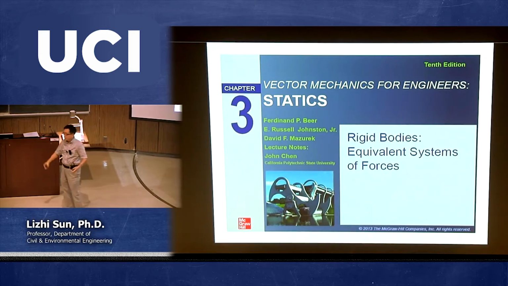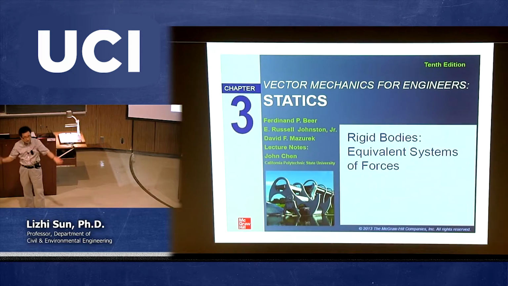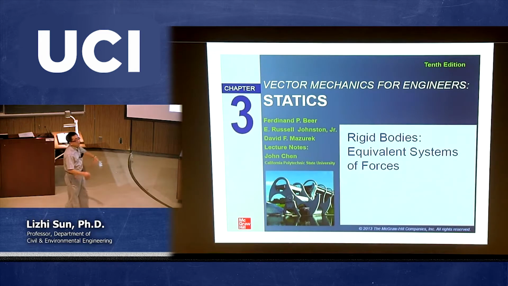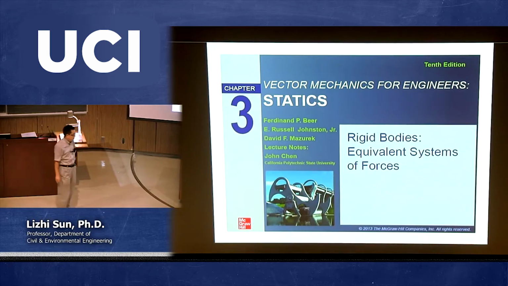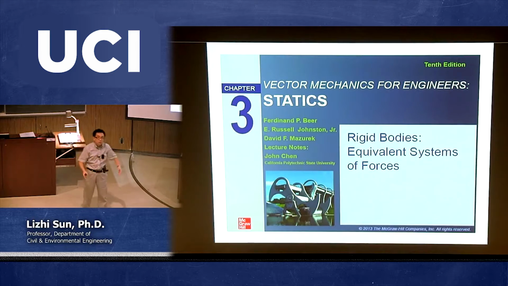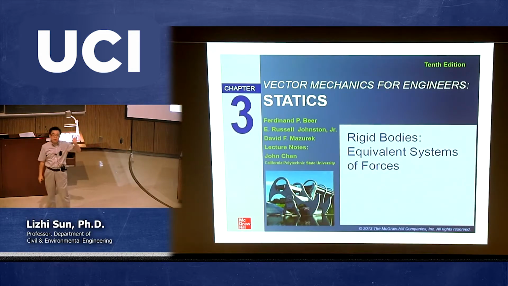But of course, we don't want to deal with 100 forces even on the rigid body. So we're trying to find out whether we can find a single force acting somewhere in the rigid body which is equivalent to those 100 forces. This is something we're trying to do in chapter 3 and later chapter 4.